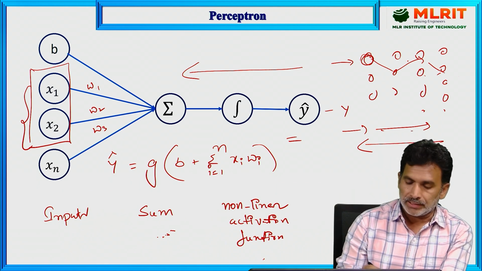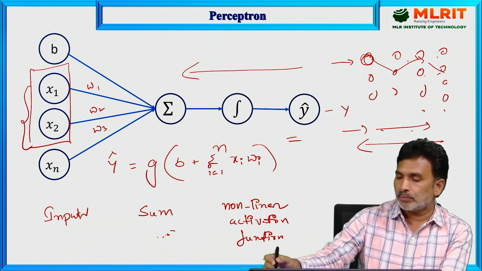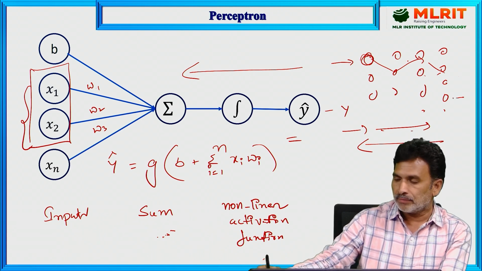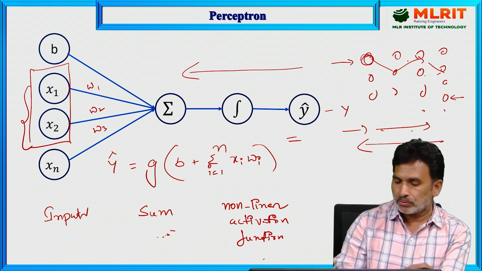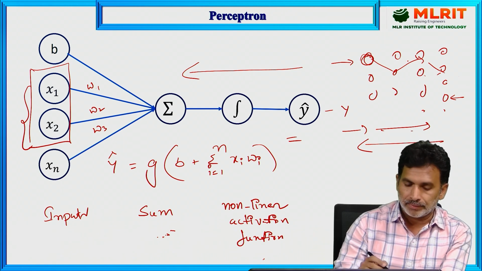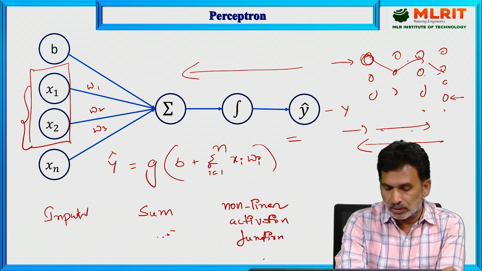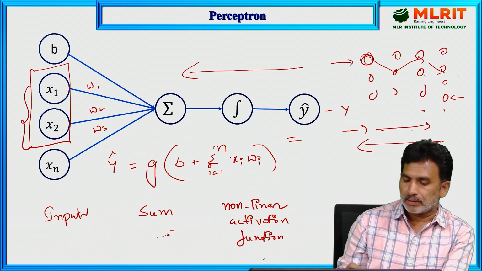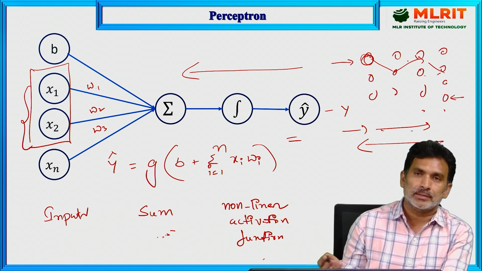Here, this is a simple neuron, but in the real world there will be a number of neurons in each layer, and the information would be propagated back. In this process the weights would be updated and the bias would also be updated. After updating, the model will be trained again, and we verify again whether the output is correct or not.